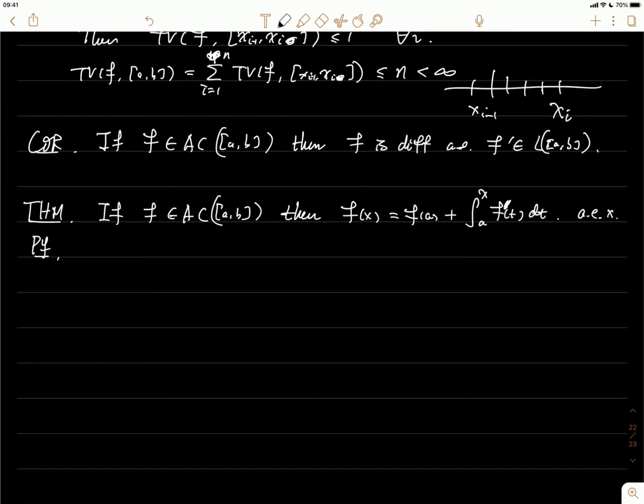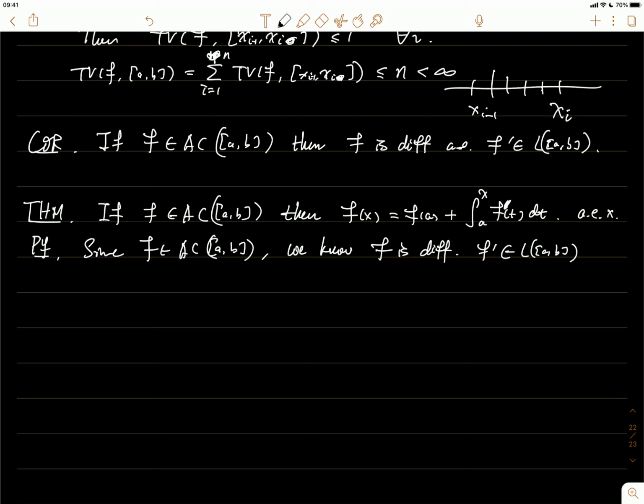Okay, so here's the proof. The proof won't be difficult now, since we have all the preparations above. Because f is in AC, absolutely continuous, from the previous corollary we know that f is differentiable, and f prime is integrable.